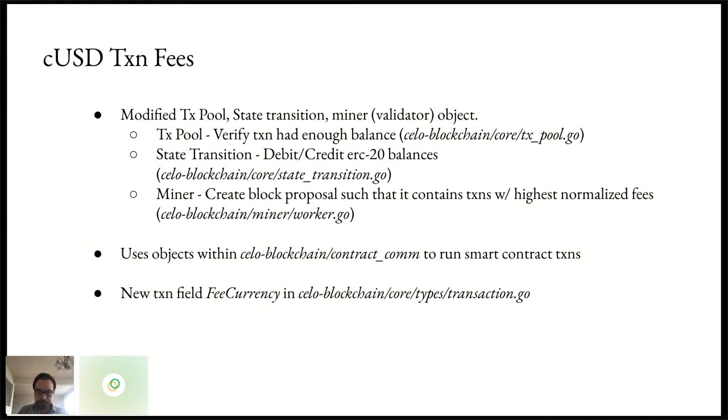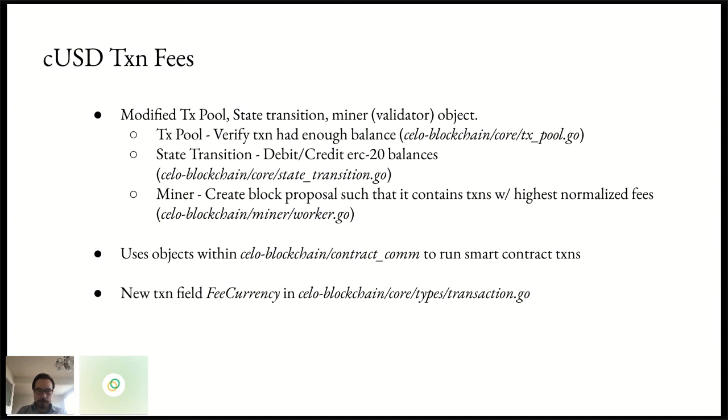Specifically, if the user is paying with CUSD, then this state transition object must make sure that the recipient's and the sender's ERC20 CUSD balances are correctly debited and credited, and all of that is implemented within the state_transition.go file.